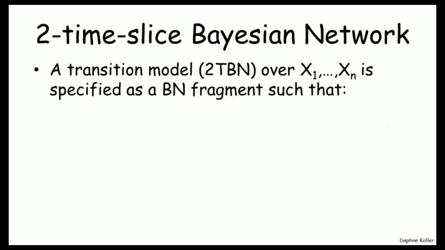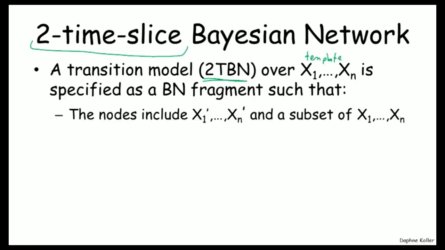To make this definition slightly more formal, we define the notion of a 2-time slice Bayesian network, also known as a 2TBN. A 2TBN over a set of template variables X1 up to Xn is specified as a Bayesian network fragment along exactly the same lines that we used in the example.